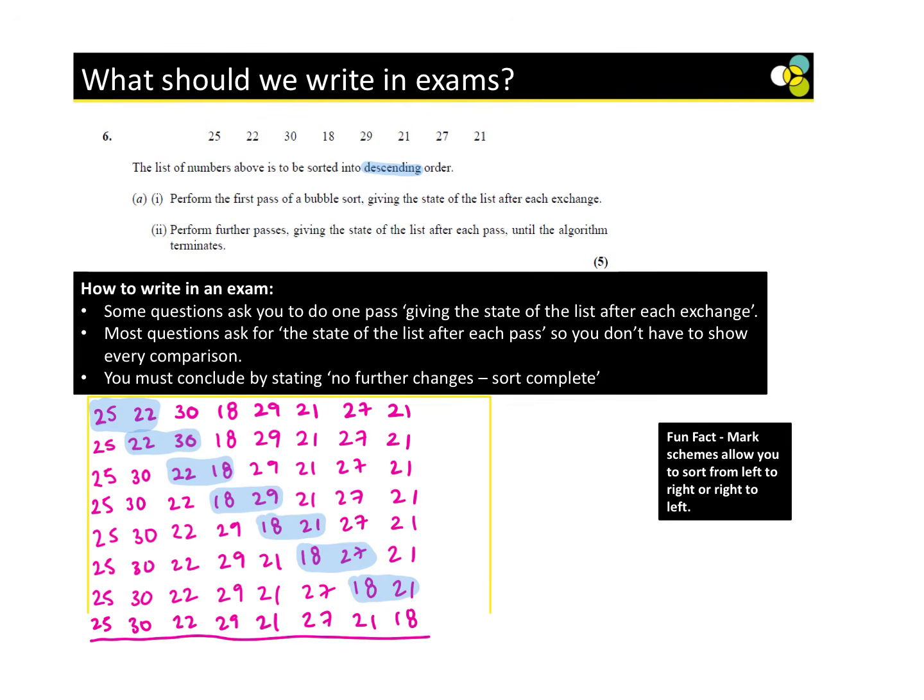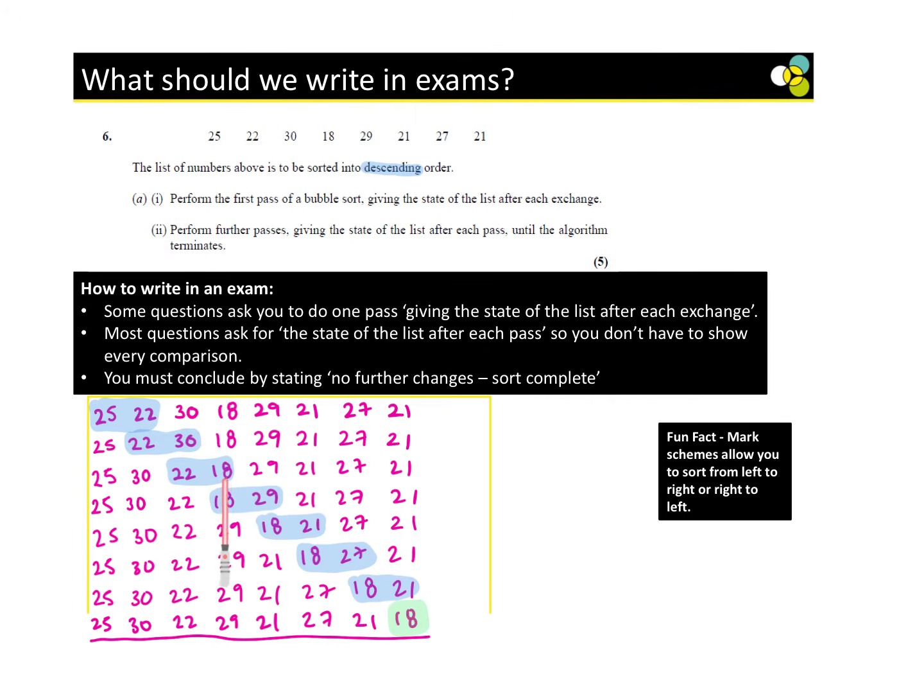This is literally our first pass, okay? Going to use a different colour. We know that 18 is in the exact correct place now. Now, part A is perform the first pass of bubble sort, giving the state of the list after each exchange. What I have done is I have put too many on there.